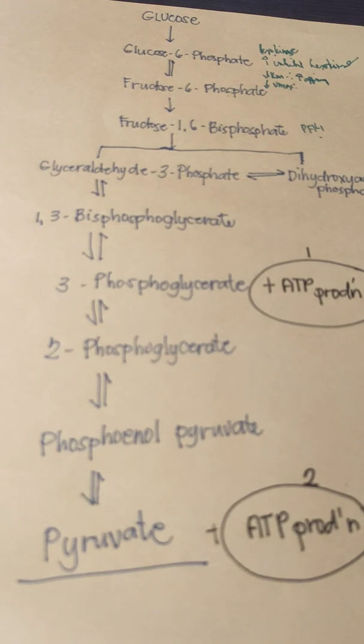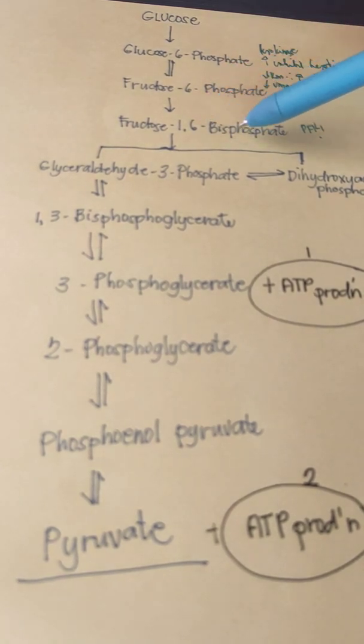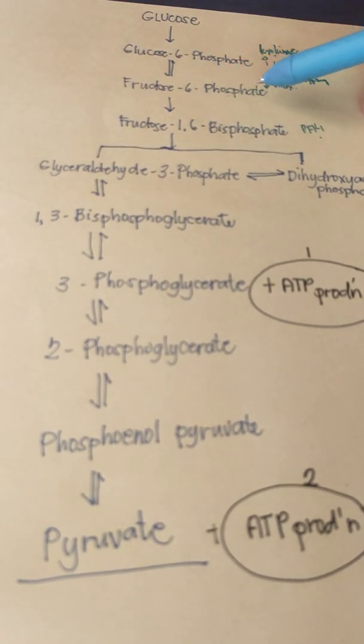So, how is fructose 2,6-bisphosphate formed? When there is the presence of PFK2. To become 1,6, you need PFK1. But when PFK2 reacts with your fructose 6-phosphate, what it produces is fructose 2,6-bisphosphate.